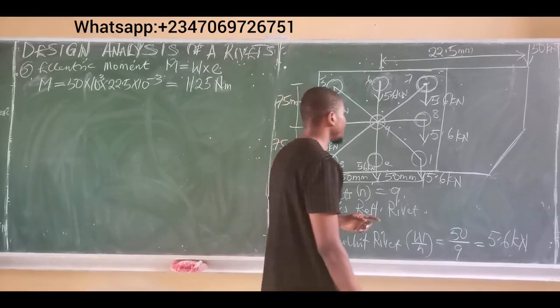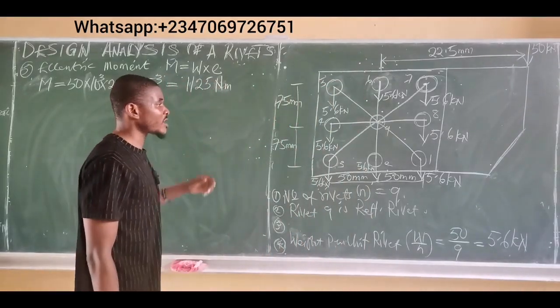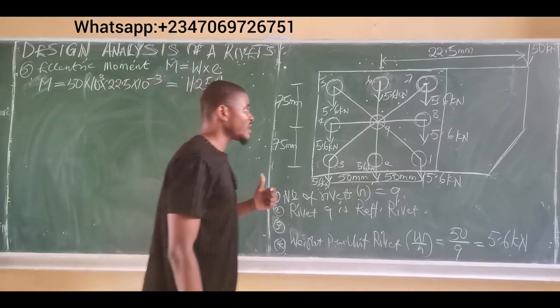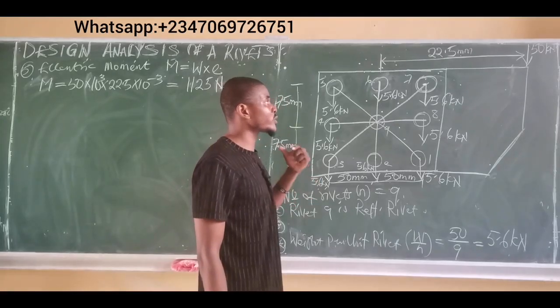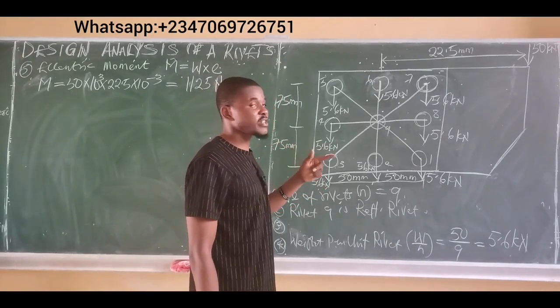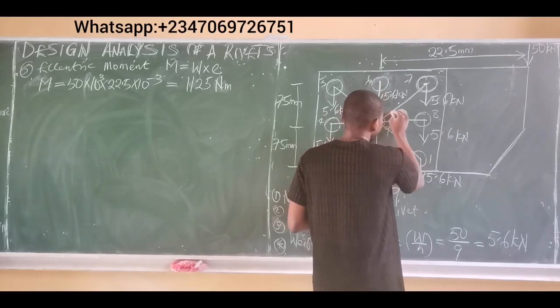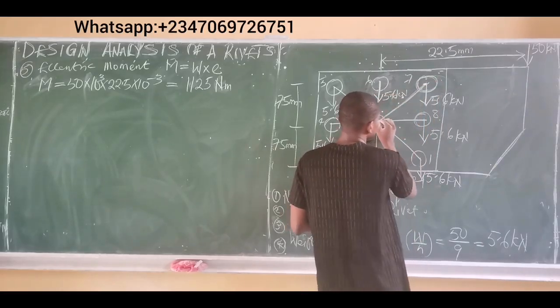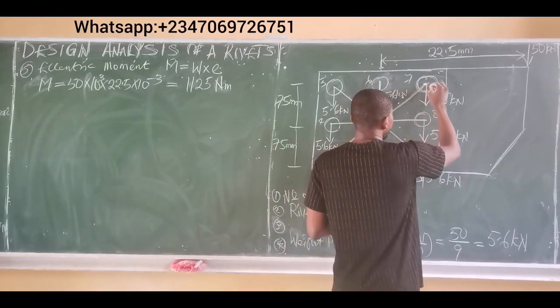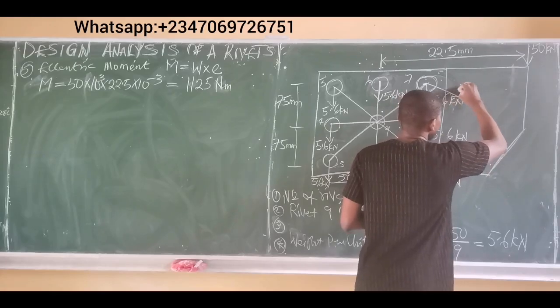This simply means that the value obtained, 1125 newton meters, will cause a secondary shear force which must be at 90 degrees to each of the lines connecting each rivet to the center. For instance, this is a line connecting rivet 7 to the center. At 90 degrees, we'll have something around here.